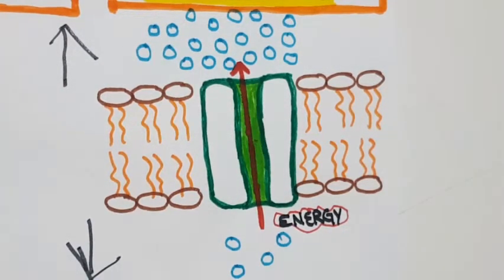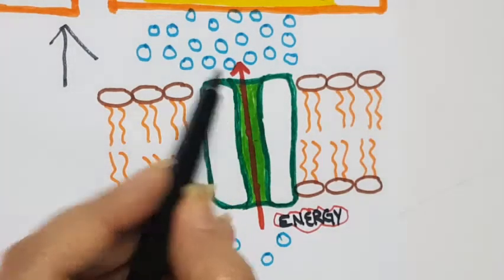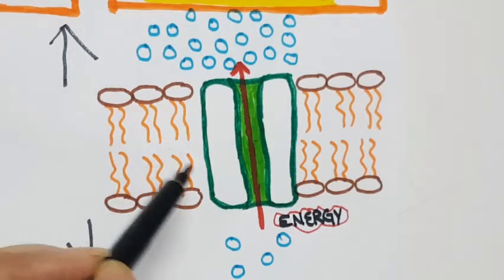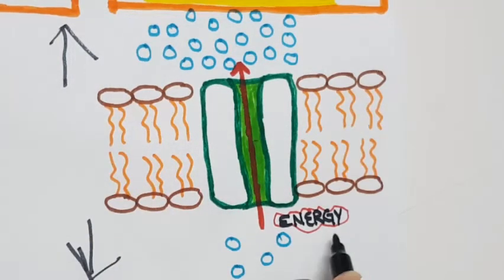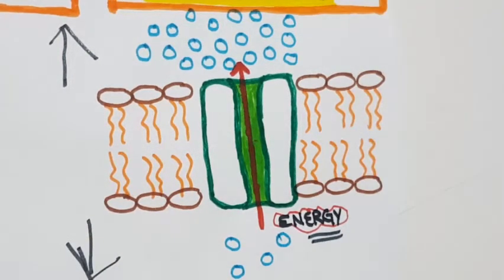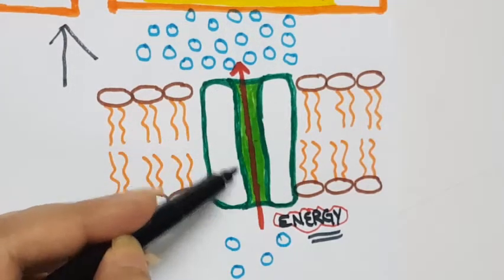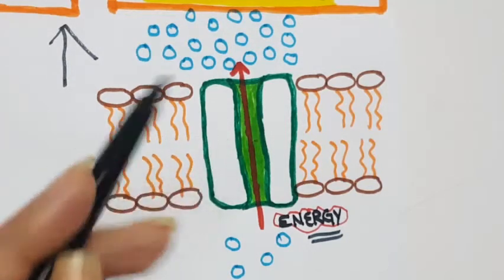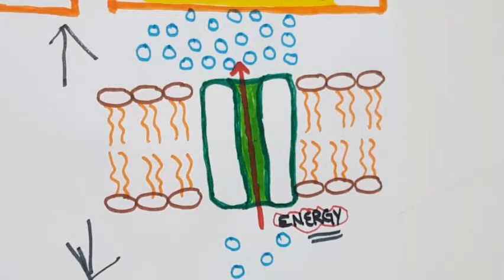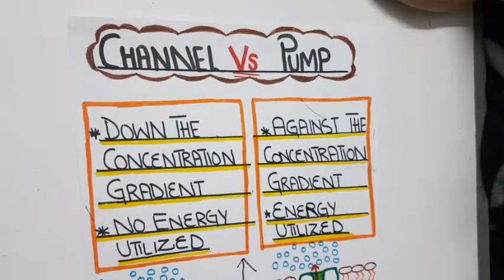So what a pump does is move these molecules or ions from low concentration towards the high concentration area, and during this process energy is utilized by these proteins in order to move these molecules against the concentration gradient. So these are the basic differences between a channel and a pump.